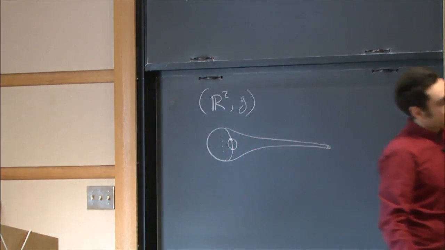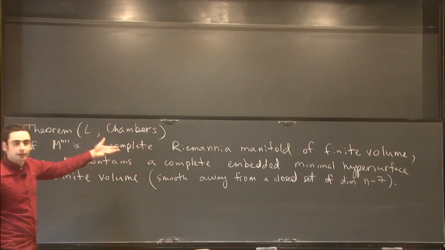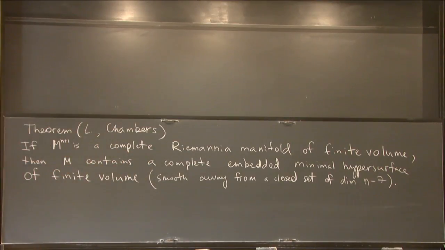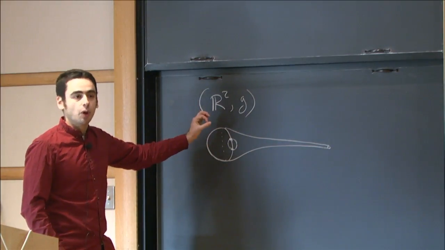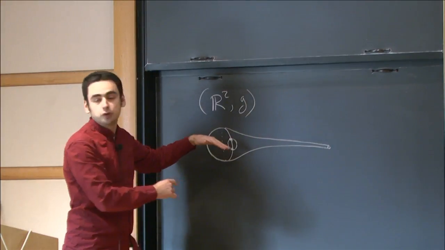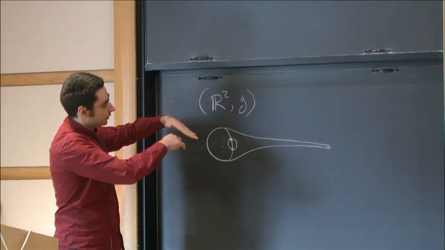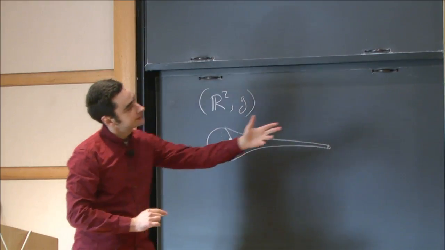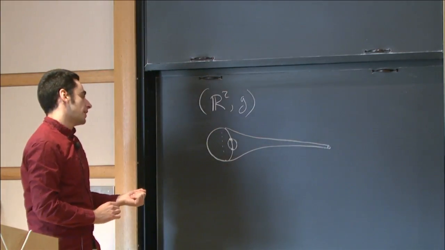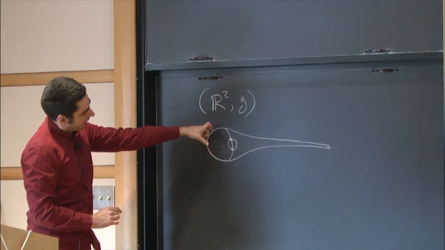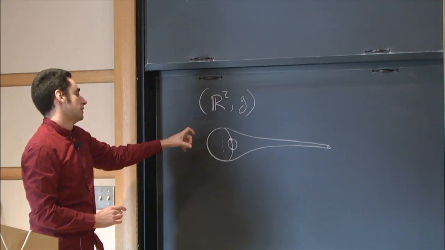And a minimal hypersurface has a similar property with respect to area. If you intersect with a sufficiently small ball and you're in the smooth part, then you will see that it minimizes area among all surfaces with that boundary.